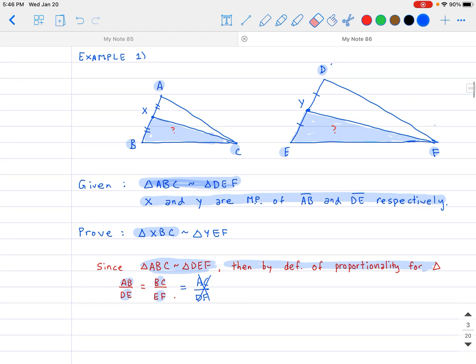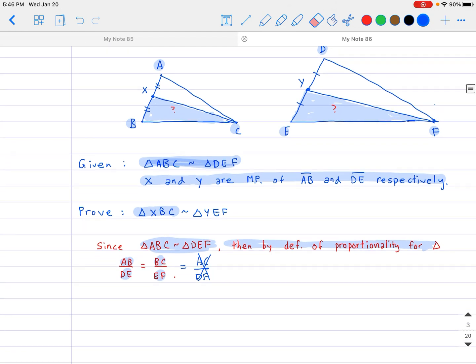Now, let's go ahead and play with what we have over here as a proportionality. Note that X is supposed to be the midpoint and Y is supposed to be the midpoint of DE and also AB then. So what that means is over here, my equation, I can go ahead and modify it. I can say that AB is equal to 2XB.